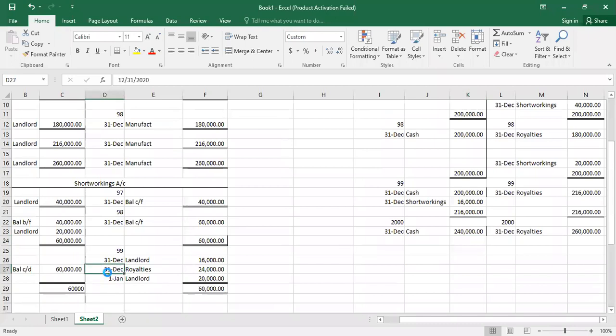So you are supposed to debit the landlord's account with our short workings, which is 20,000.